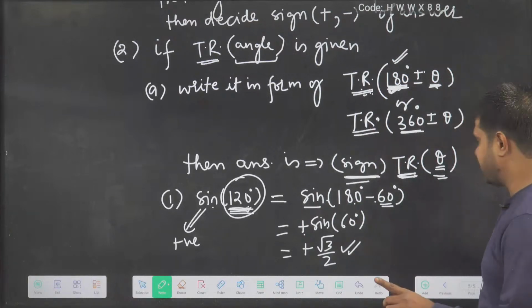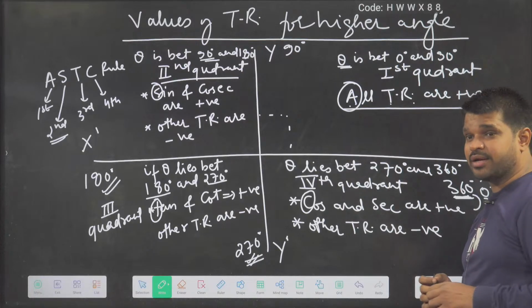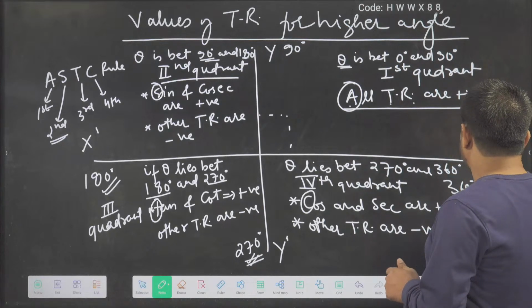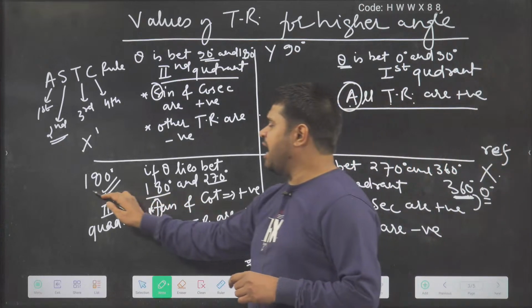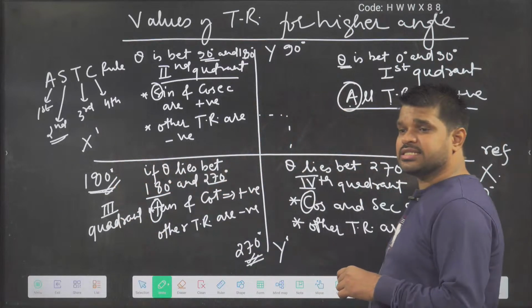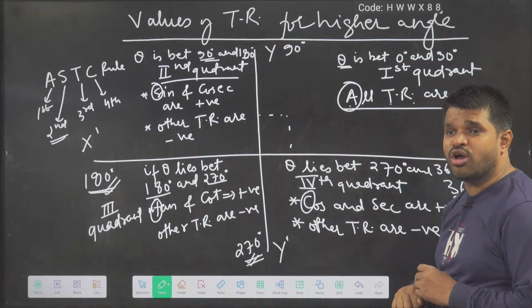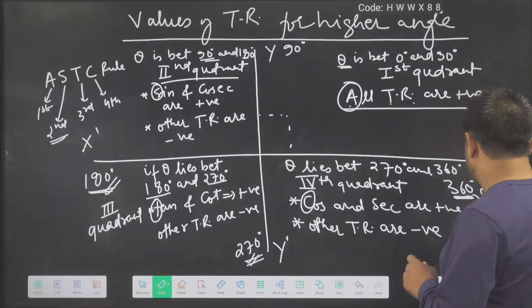Now you can see one thing. If I go back to this slide, remember, 360 degree and 180 degree both lie on which axis? X-axis.